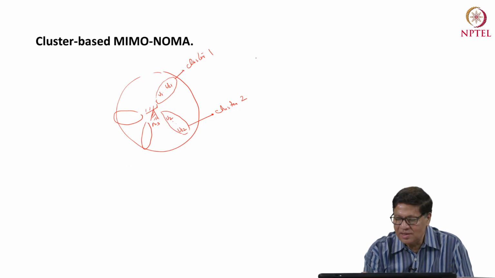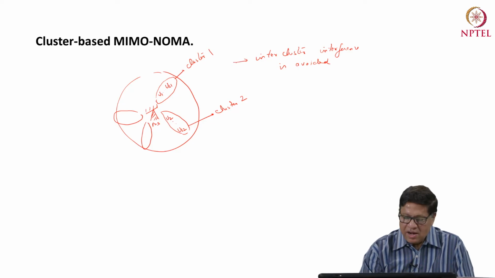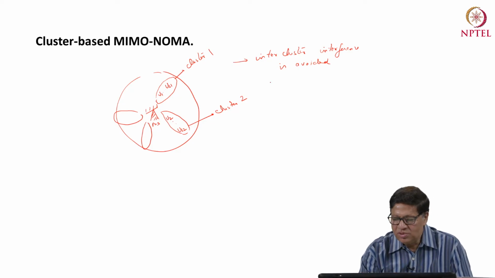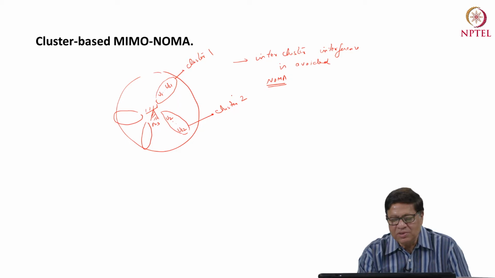That is, intercluster interference is avoided. And within the cluster, one uses NOMA technique to handle the interference which is caused by the other users.